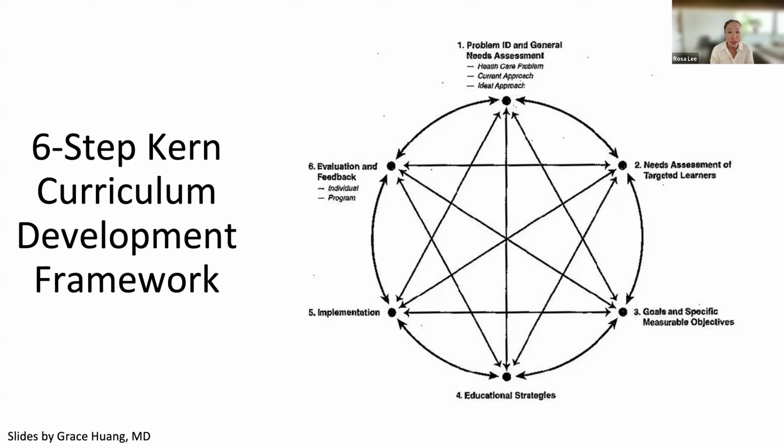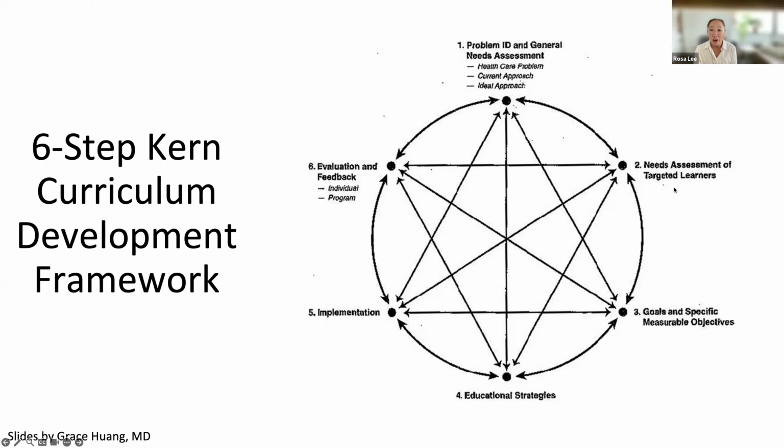His approach identifies 6 steps for how you develop curriculum. I'll go into them in detail later on, because a lot of these elements are used in other frameworks. You start with that needs assessment, right? Identifying the problem. What is that thing that keeps you up at night? What do you care about? Doing a global needs assessment: what is the healthcare problem? How is it currently approached? What are the gaps there?